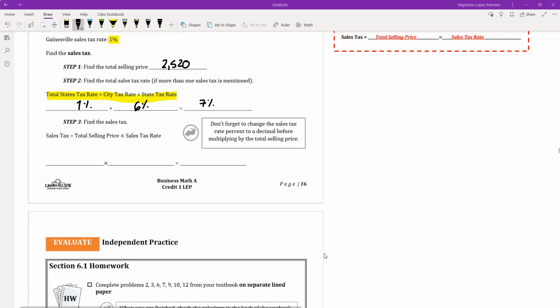Very important, remember now we have a 7%, but according to what we just learned, we need to write percent as decimals. So the first thing we do is to drop the sign. We rewrite the amount 7.00 since it's a whole number. Then I move twice to the left the point.